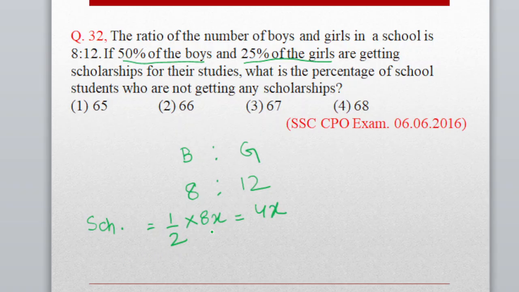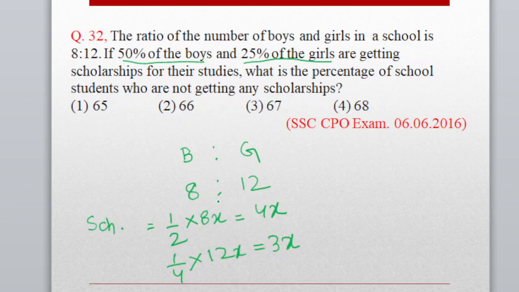Now this is the boys getting scholarships, and the number of girls who are getting scholarships are 25% of the number of girls. So here 25% means 1 by 4 of 12x. So that is equal to 3x.